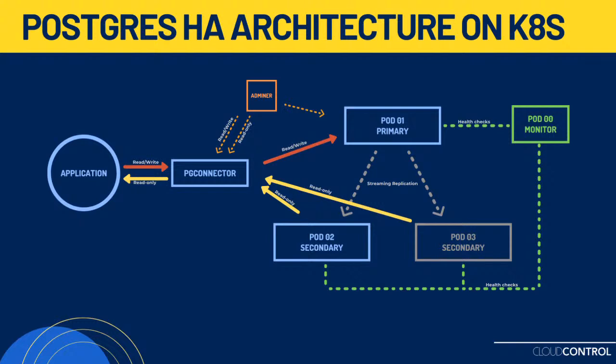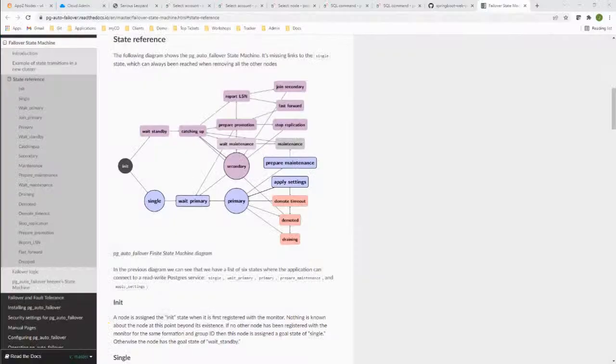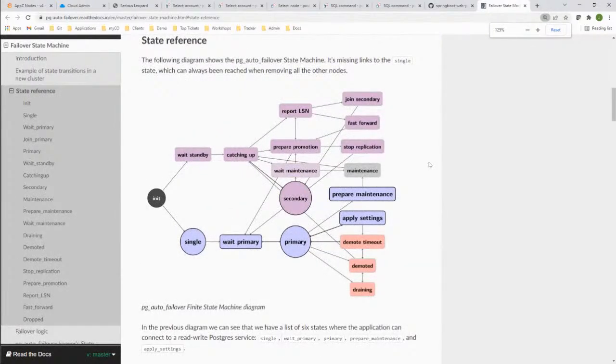Pod 02 would go to the wait primary status. What it means is that pod 02 would be the primary, also become read-write, and kind of wait for the second database to come up. So this is the PG auto failover documentation, which shows what these statuses individually mean.